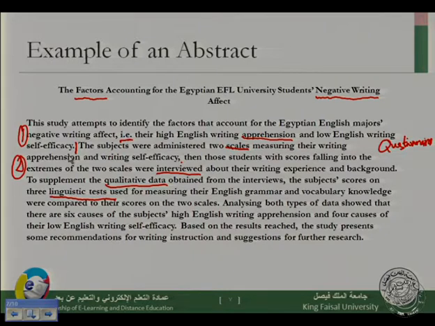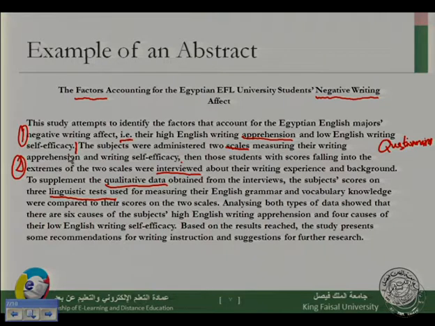Very, very informative. He didn't leave us lost in his abstract. He told us why he used the 3 linguistic tests, because he wanted to measure their English grammar and vocabulary knowledge. And he compared the results from the 3 tests with the results from the questionnaires and the interviews.